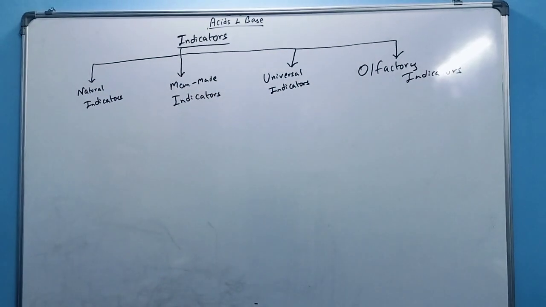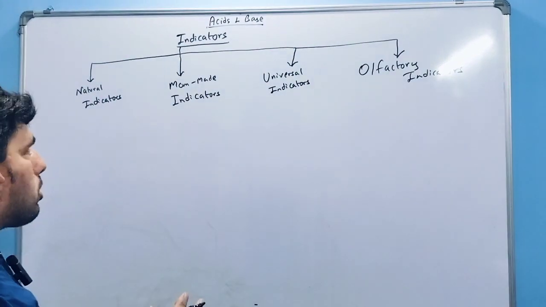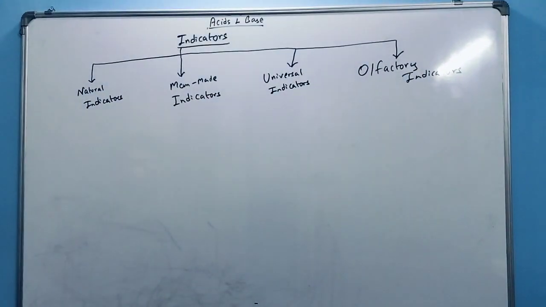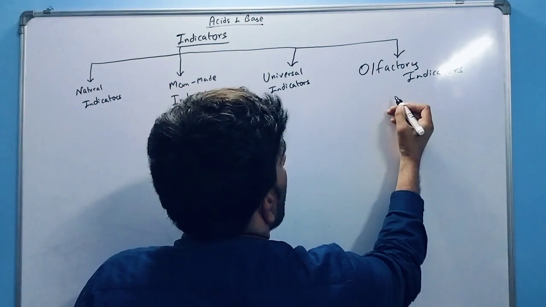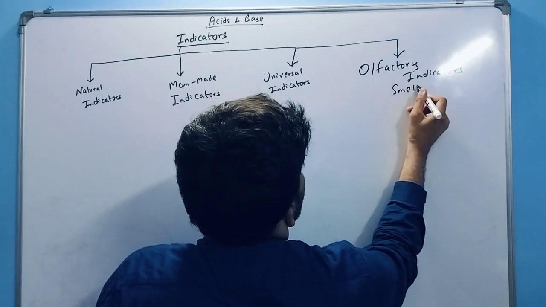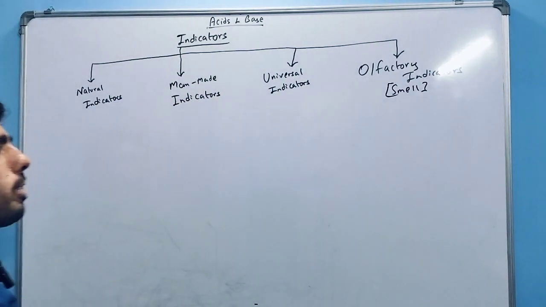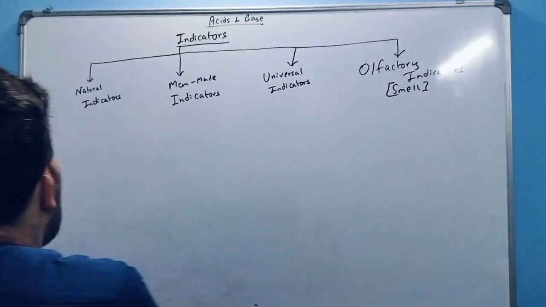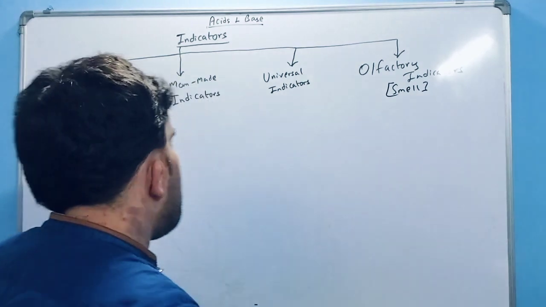So we have natural, man-made, universal, and olfactory indicators. Natural ones occur naturally, man-made ones are made by man, and olfactory indicators work by smell. By detecting whether the smell changes or remains, we can identify whether the solution is acidic or basic.